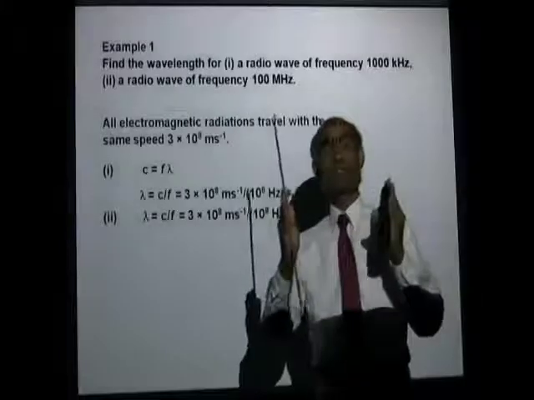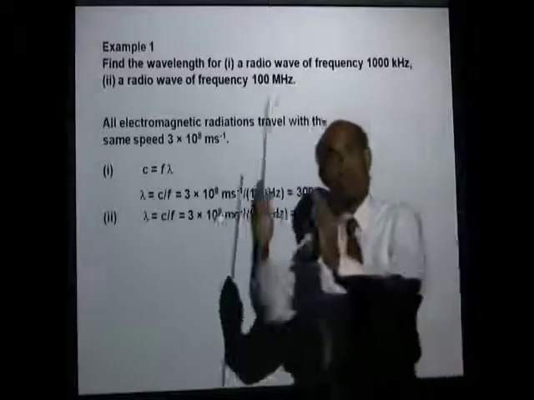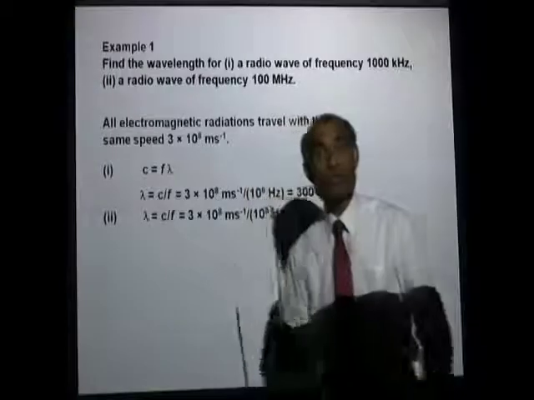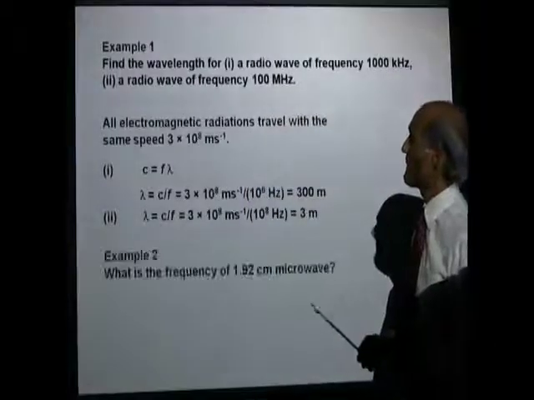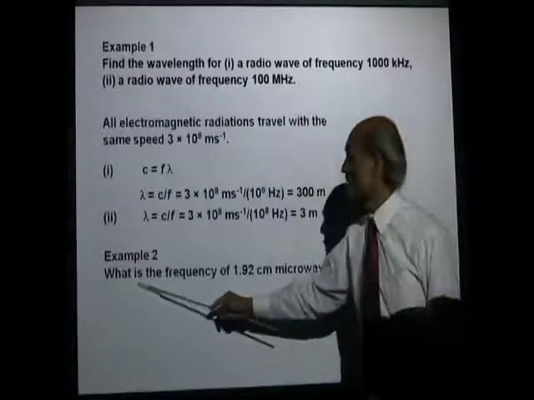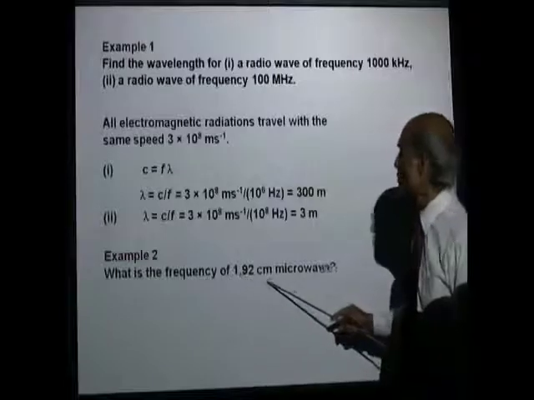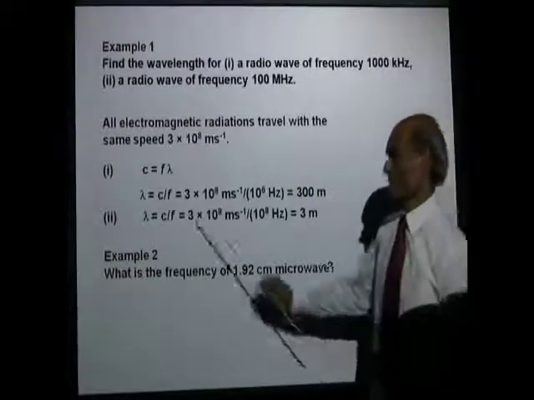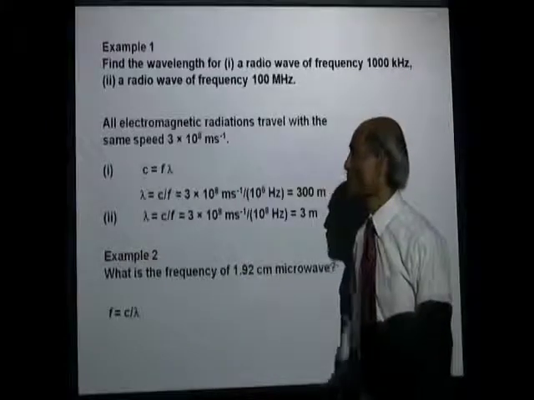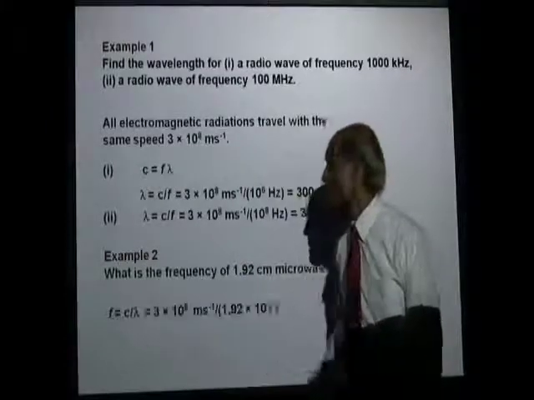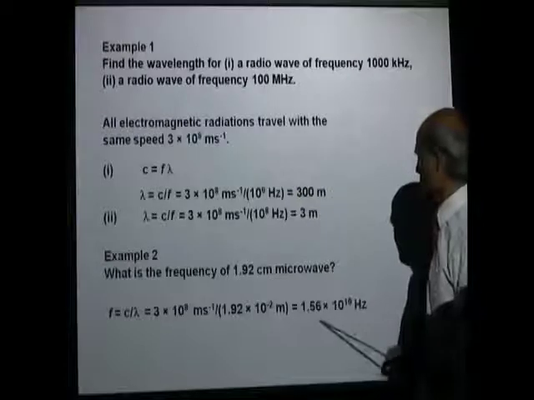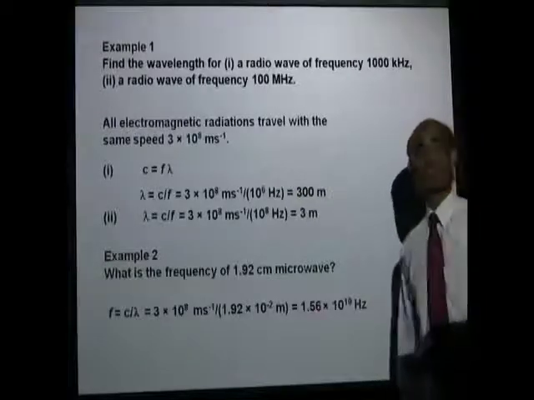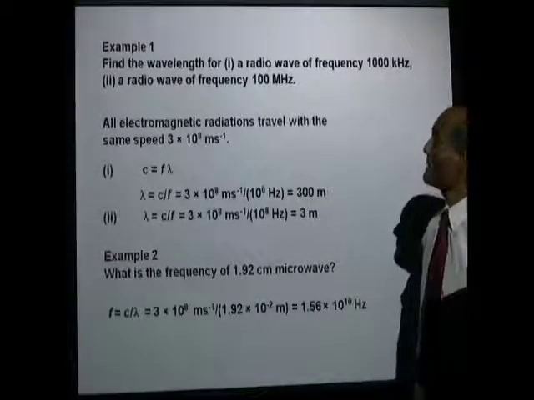As the frequency increases, the wavelength becomes shorter and shorter. Second, what is the frequency of a 1.2 centimeter microwave? Again, solve for frequency and use the given values, and that is 1.56 × 10^10 hertz.